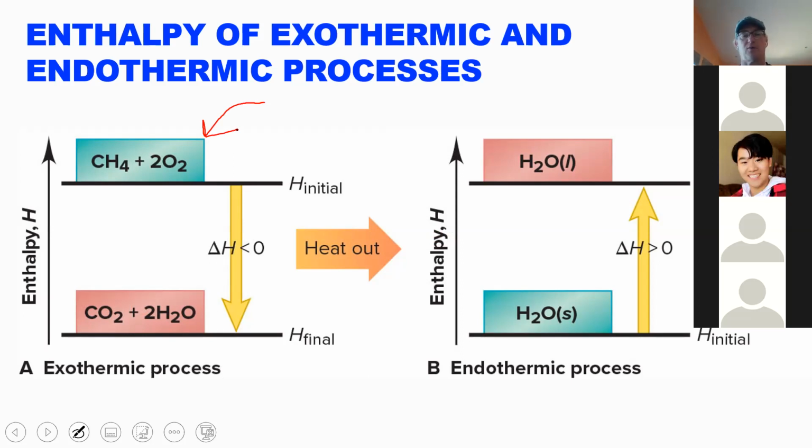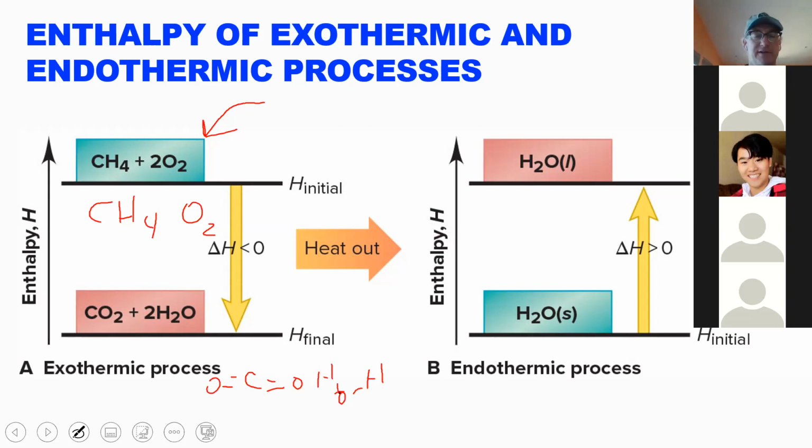This also gives you an indication that when we burn something, the energy comes from forming bonds. We're breaking the bonds in methane, and we're breaking the bonds in oxygen. And then what we get at the end is carbon dioxide and water.